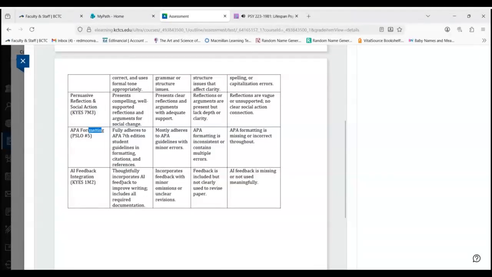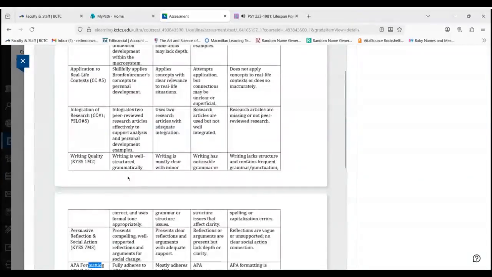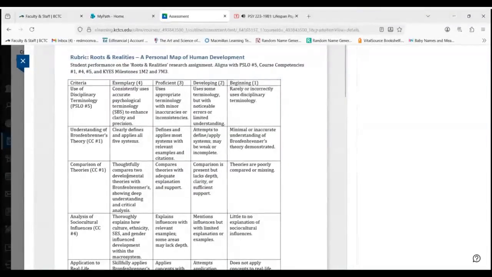As far as Bronfenbrenner goes, you don't want to change your content, but in part 2 of this project, you're just going to run it through an AI generator to have it take a look at your grammar and sentence structure. So those 10 things are what you're going to be graded on. It'll balance out. I've updated the points for the final project to a total of 50 instead of 100.